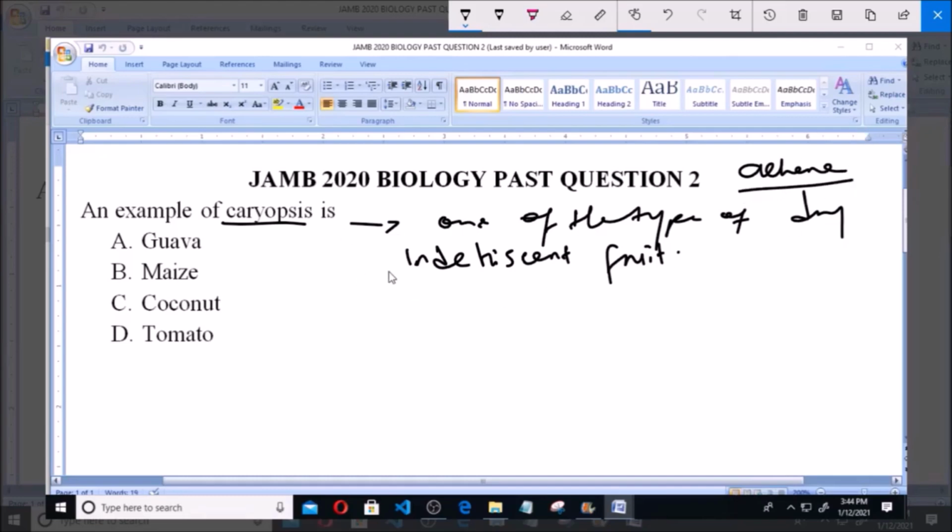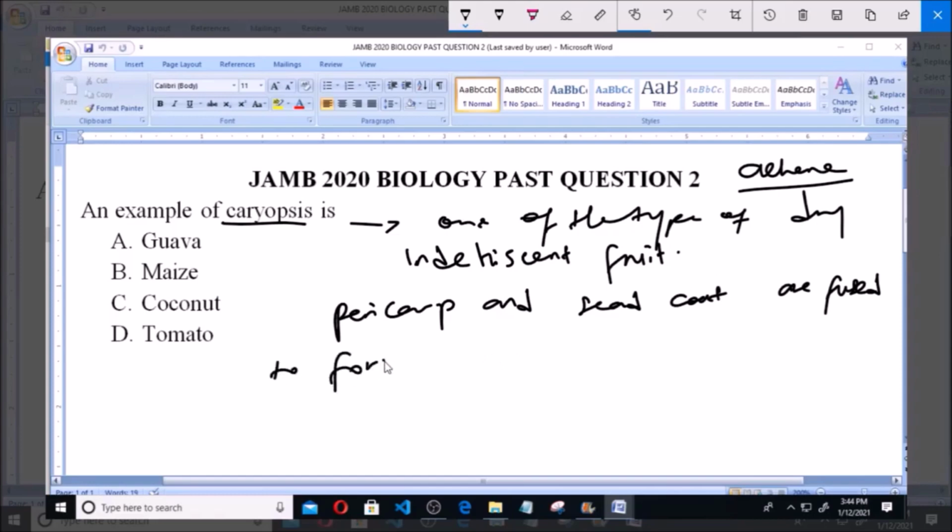Now, caryopsis is different from achene in the sense that the pericarp and seed coat of caryopsis are fused together. Unlike the achene, the pericarp and seed coat of caryopsis are fused together to form a covering over the entire seed.